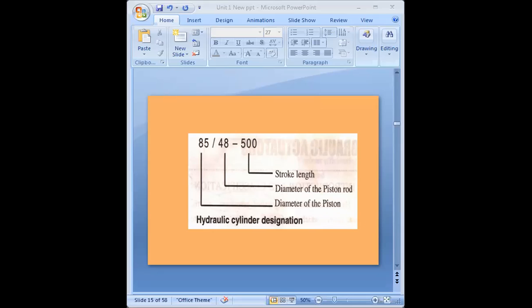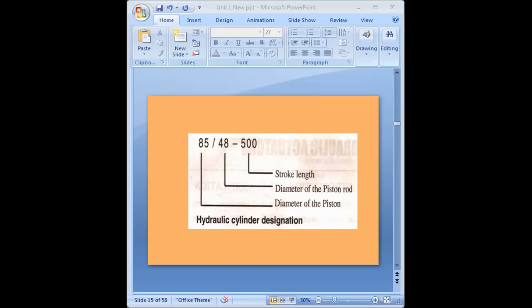Getting it? Because in industry, cylinders are designed and manufactured for a variety of services, but their sizes are designated by this standard only. 85 by 48 is a sample number I have taken.